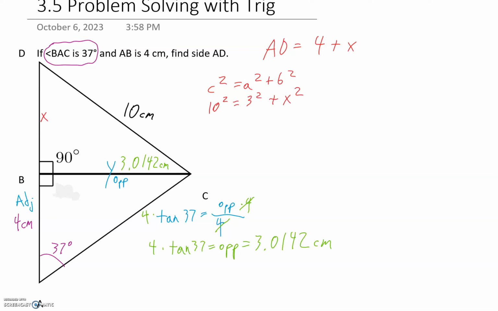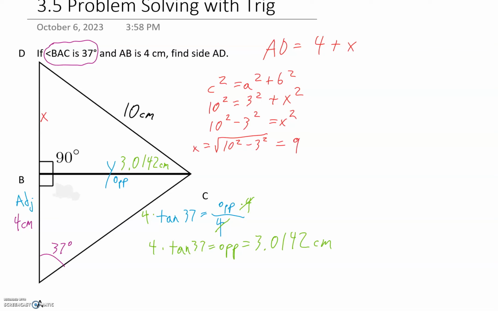But 3 squared plus x squared. So now we're going to subtract 3 squared on both sides. And we're going to have x squared like that. Now we're going to square root both sides. So x equals the square root of 10 squared minus 3 squared, which is like 100 minus 9, so 91, and the square root would be our answer.